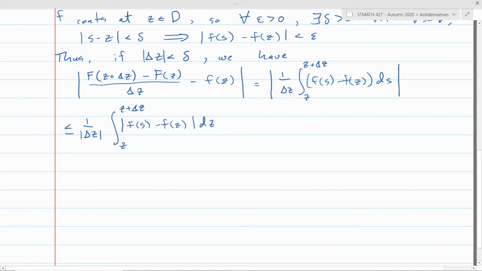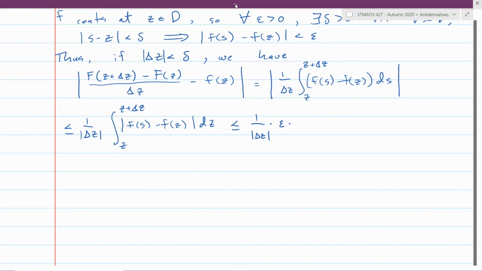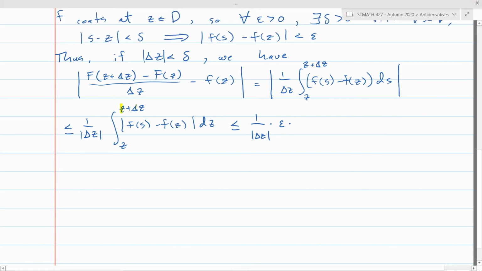So since we're integrating along that arc, f of s and f of z are within delta z of one another. So what's inside the integral there is less than or equal to the upper bound on the integrand, which can't be bigger than epsilon, and then the length of the curve. Well, the curve is a straight line from one endpoint to the other, and so that'll be modulus delta z. So this just works out to be epsilon.